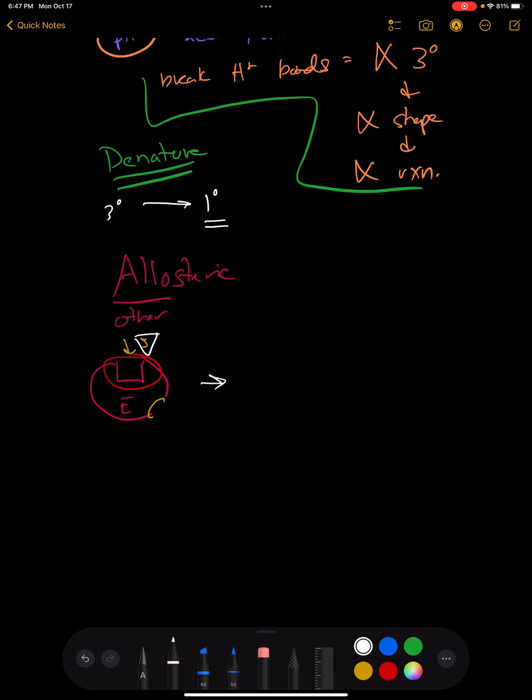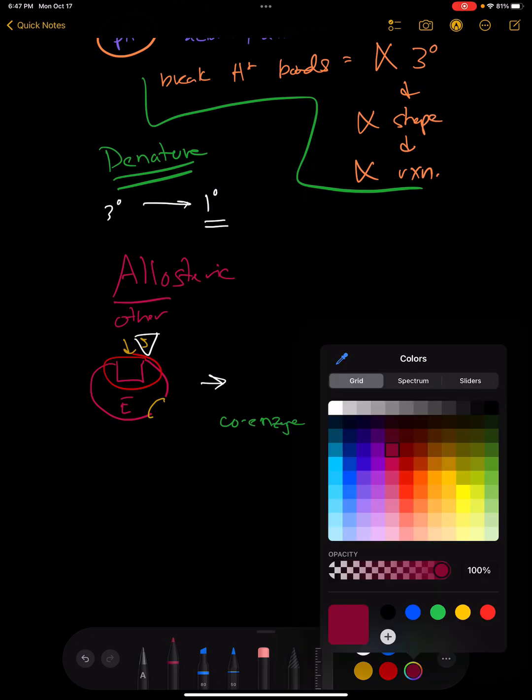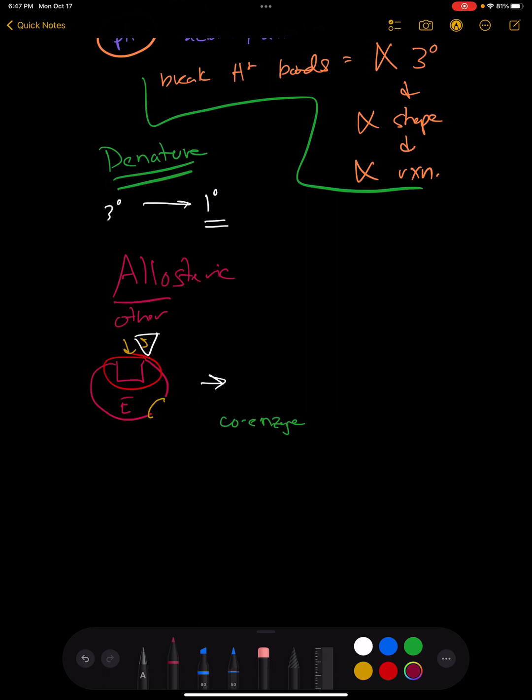And so what happens is when you have allosteric, that means you're going to have some type of coenzyme, right? We'll call them a coenzyme. And so now, when I take this enzyme and I have this coenzyme, it is going to fit into another site. When it fits into that other site, that changes the shape of my active site.